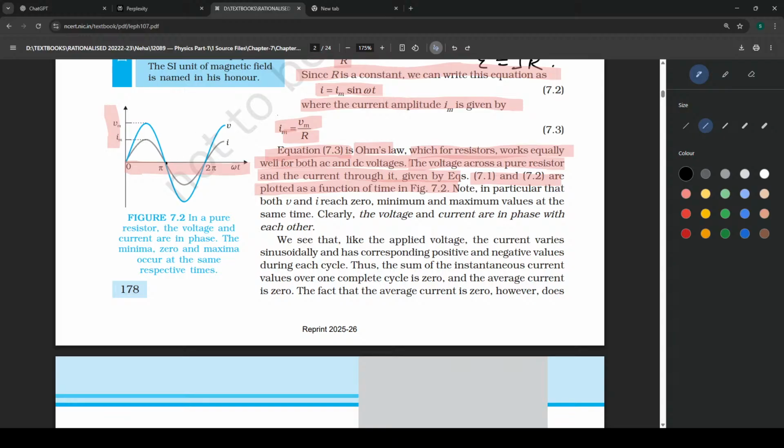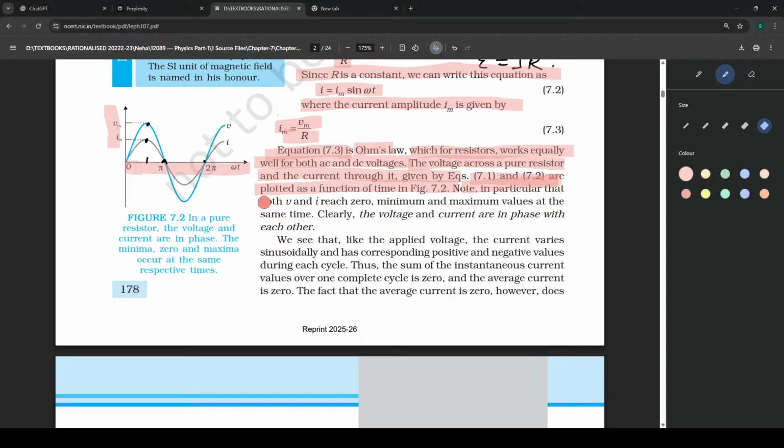Like if we take around pi, both are 0. At 2 pi, both reach 0 again, and at pi by 2 here, they both reach peak value at the same interval.